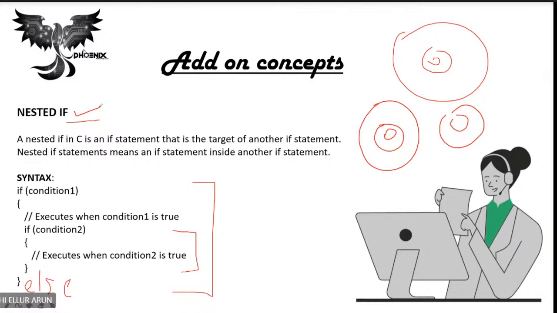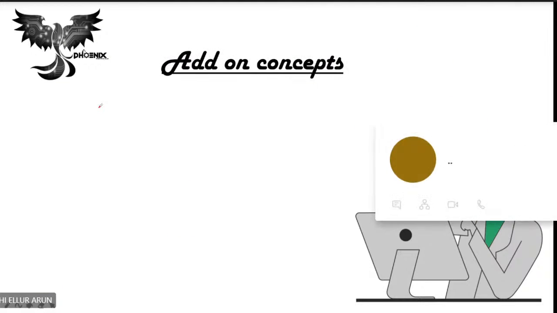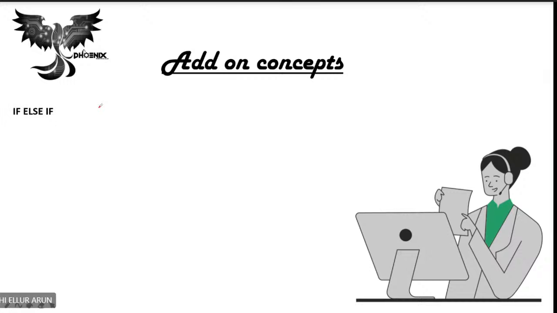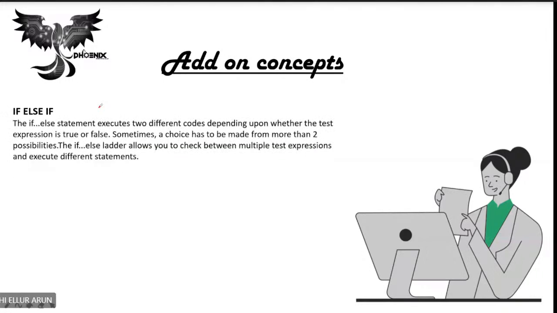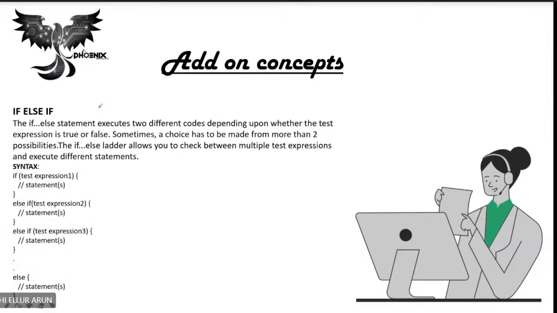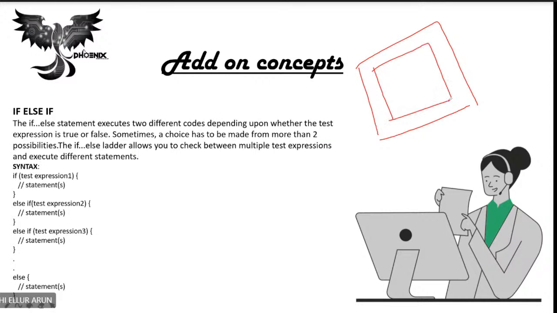Hopefully we'll have workshop 2, or this will anyway be taught in class 1. There's one more: else if, also called the if else if ladder. How is it different from nested if? There, if this is my if else block, inside that I have one more whole set of if else block, and inside that another.